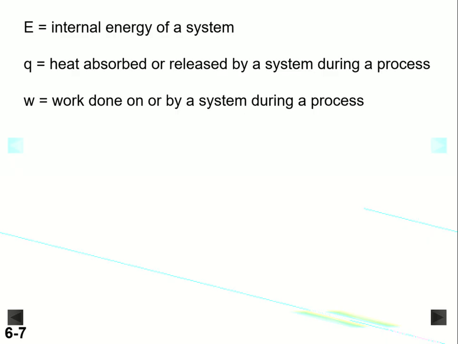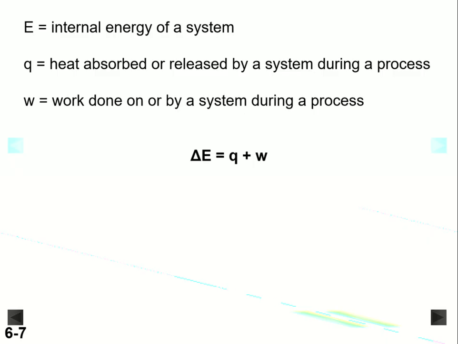Now E can be defined for a system in a particular state, but a system will not have a Q or a W. During a transformation, moving from one state to another state, E will change, and so we can label that delta E. That would be E final minus E initial.